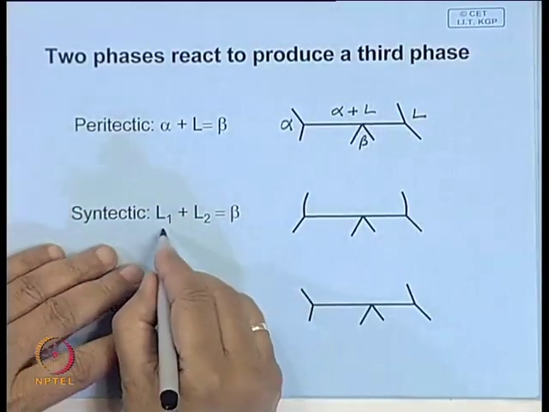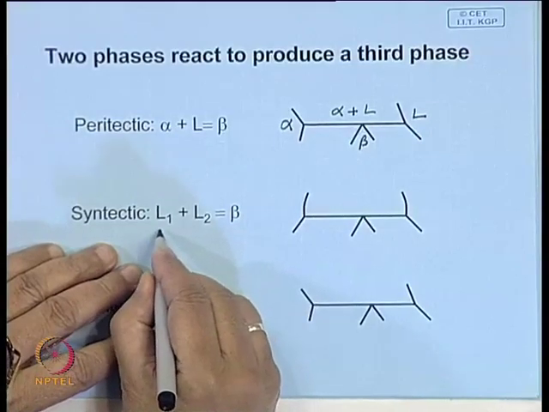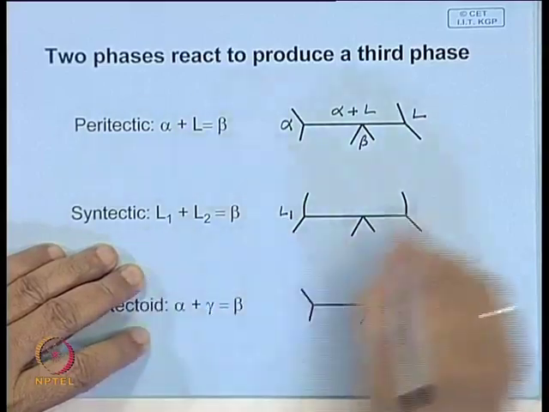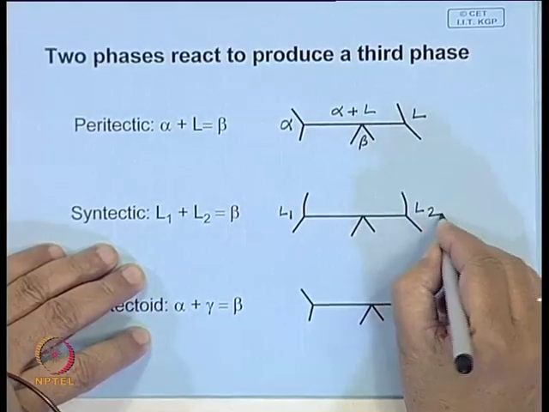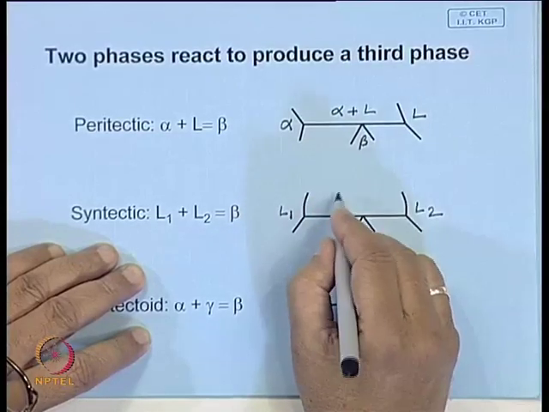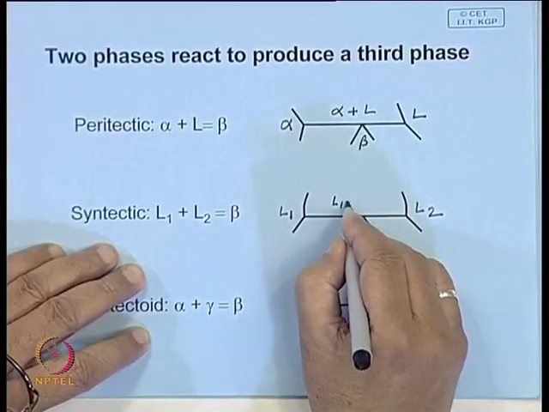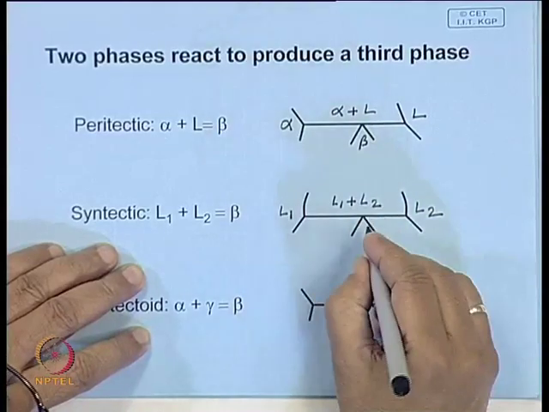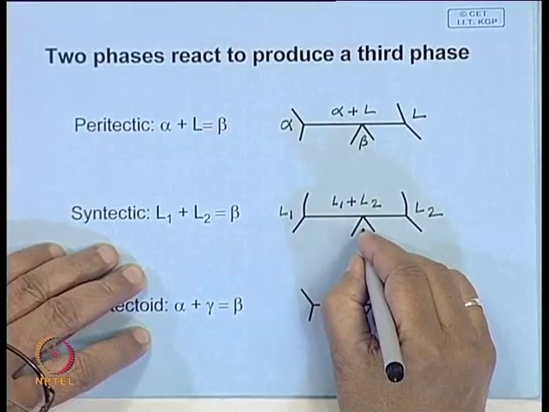Now, you can think about liquid immiscibility. That means, if there is a liquid immiscibility like this, the liquid here dissociates into two liquids L1 and L2. Now, these two can react and form a solid.